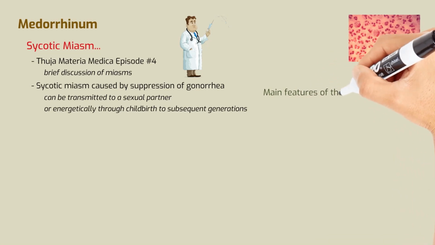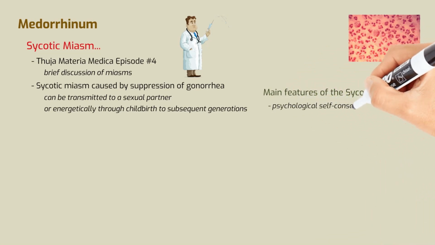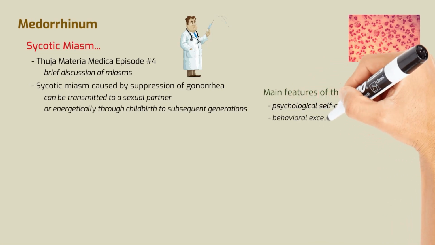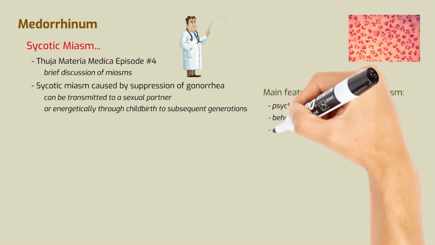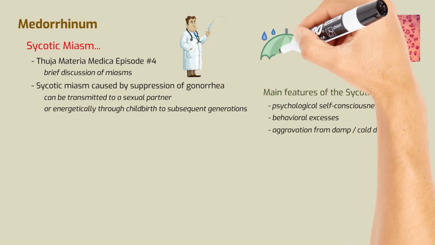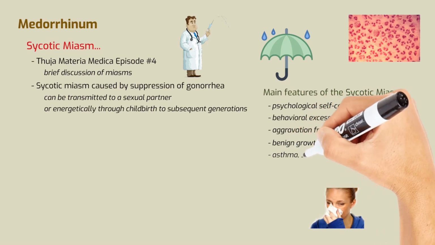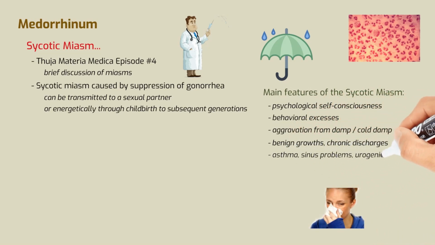The main features of the psychotic miasm are psychological self-consciousness and behavioral excesses, general aggravation from damp or cold-damp conditions, a tendency toward benign growths and chronic discharges, and a tendency to develop asthma, sinus problems, and urogenital conditions.